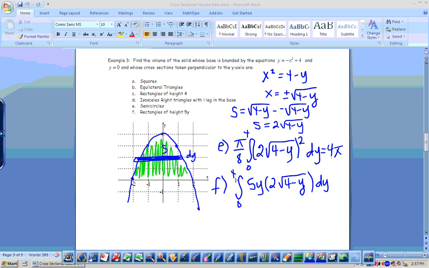And if you look back on part C of this, I could pull the height of 4 out in front of that integral since it was a coefficient, but 5y is a variable, so it has to stay inside the integral. You could pull the 5 out if you wanted to, but the y has got to stay inside that integral. All right, and that ends up being 256 over 3.